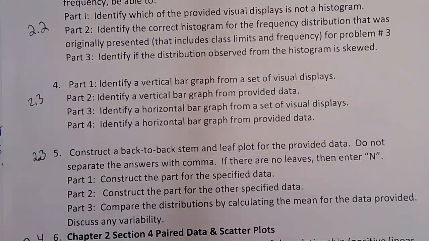Like when you do the back-to-back stem and leaf plot, you do the left side first and then the right side. If you make a mistake on the left side, because you have to complete that first, it will let you know. Which is a little bit distracting because you're in the middle of a quiz and it right there tells you what went wrong.